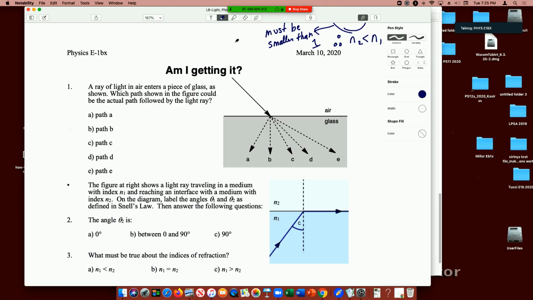If this is the cable here, and I come in with some ray at an angle, it's going to totally internally reflect, basically bouncing back and forth along the cable. You can see that regardless of how I bend it, it's going to come out the other end.